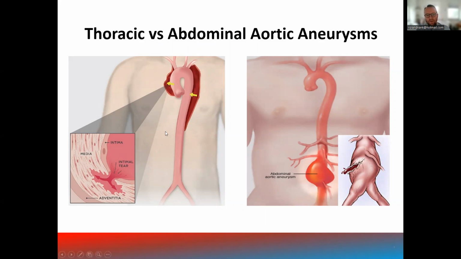For instance, in thoracic aortic aneurysms, an acute aortic syndrome usually presents as a dissection with the ascent of the intimal layer and is more associated with genetic backgrounds, while abdominal aortic aneurysms are more associated with classical cardiovascular risk factors, and an acute aortic syndrome of the abdominal aorta usually presents as a rupture.